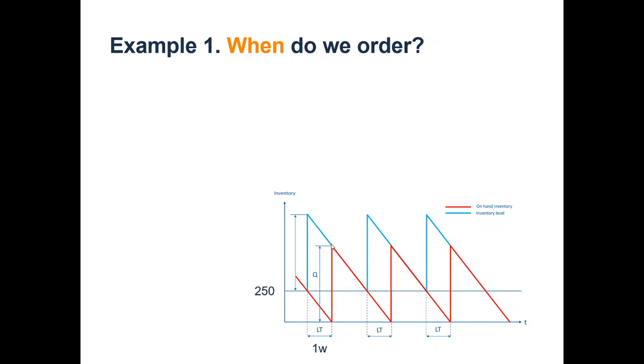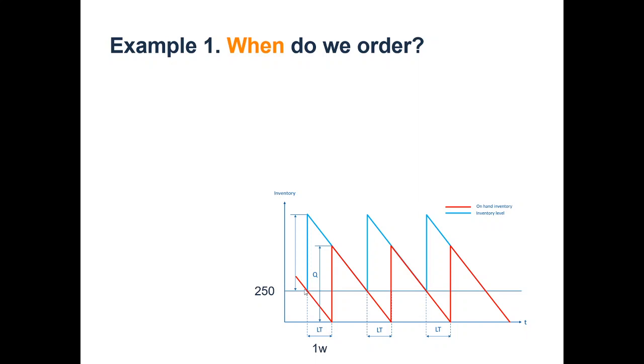So that when we receive it, they start again to coincide, because we don't have any on-order inventory, and the on-hand inventory is exactly the same as our inventory level till the moment we place another order, where we have this extra on-order inventory which is added to the physical inventory, and this goes on and on as in these two cycles here. So the point is, when do we order?